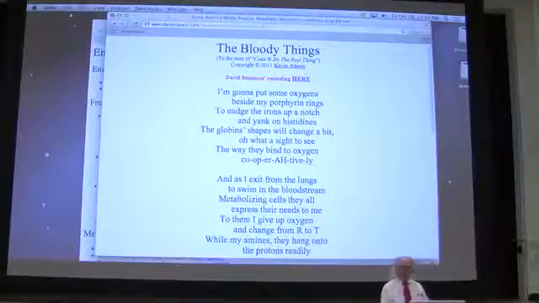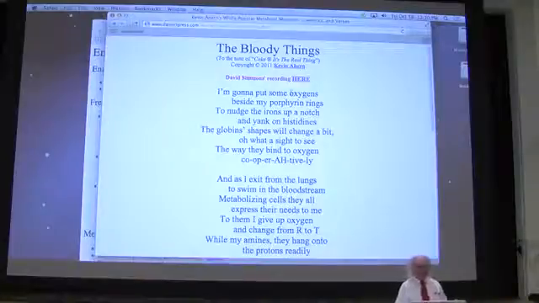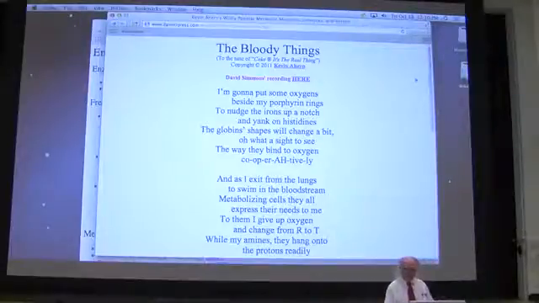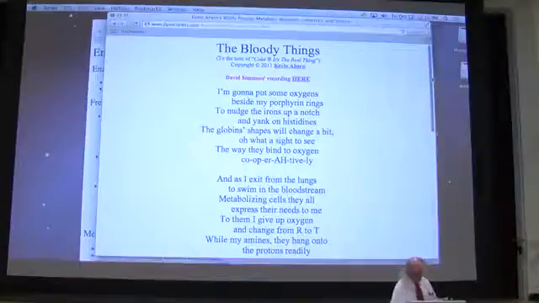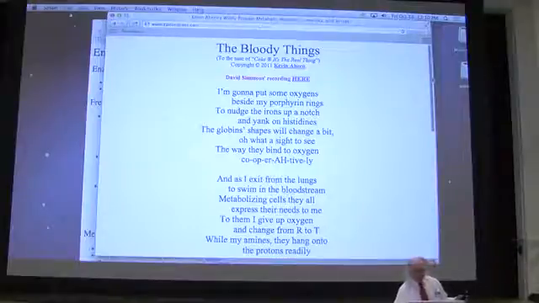I'm gonna put some oxygens beside my porphyrin rings to nudge the irons up a notch and yank on histidines. The globin shapes will change a bit. Oh, what a sight to see. The way they bind to oxygen cooperatively.